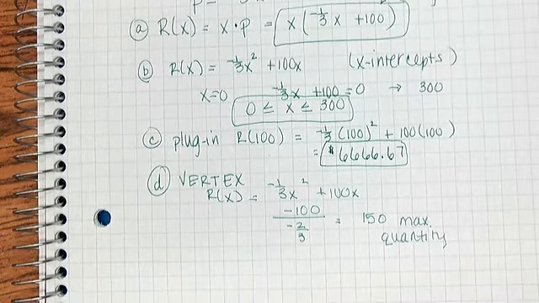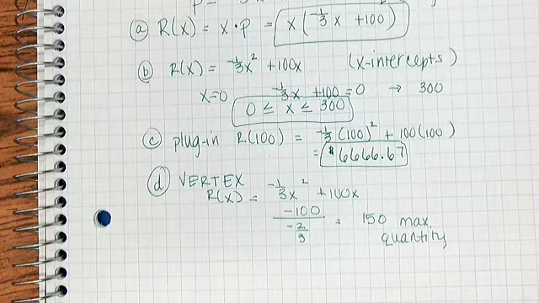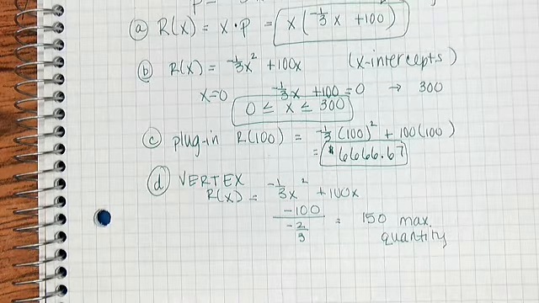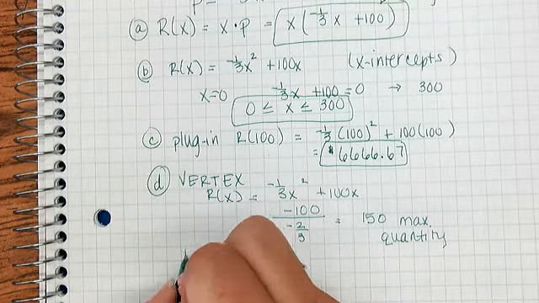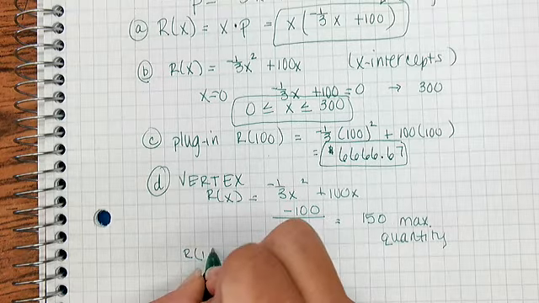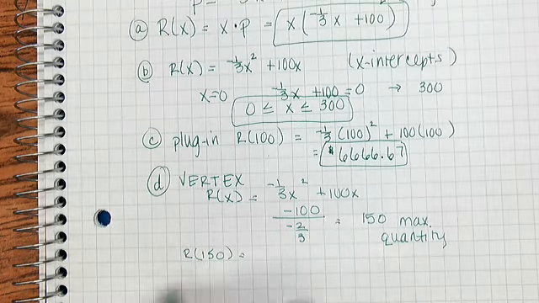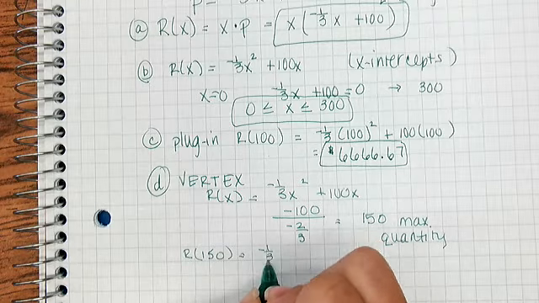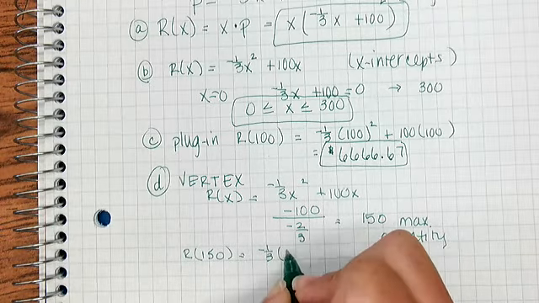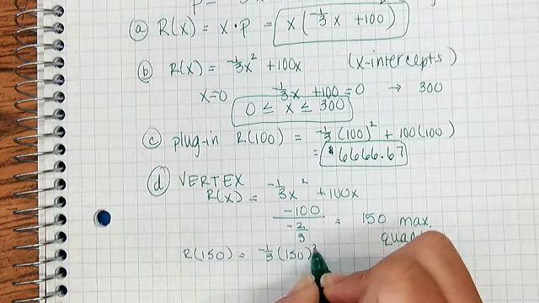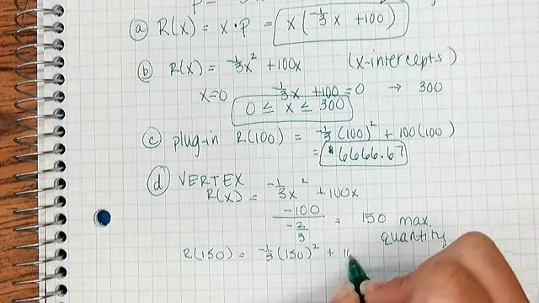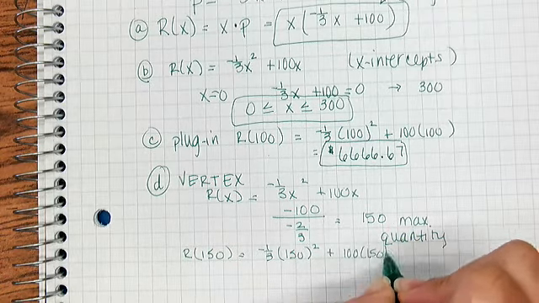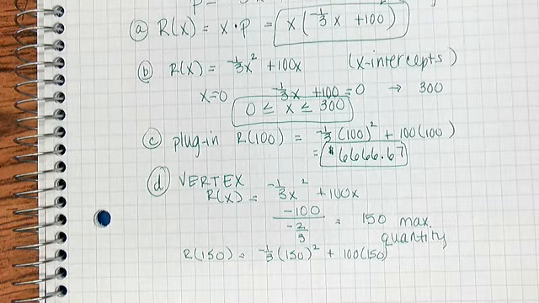And in order to achieve that maximum quantity, what is that revenue? So plug back in. The R of 150 is negative 1/3 times 150 squared plus 100 times 150, and that would be $7,500.